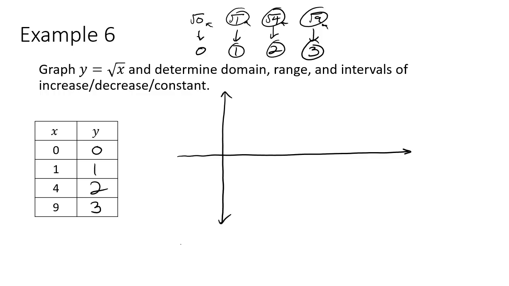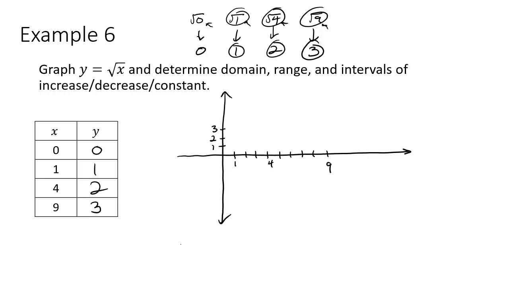So my x values go pretty far out this time, and a lot of times we'll just graph these functions with a little bit fewer points. 3 is good enough to get a good shape for a square root function. And so if I go 0, 1, 2, 3, 4, 5, 6, 7, 8, 9, my y values are going to go 0, 1, 2, 3.